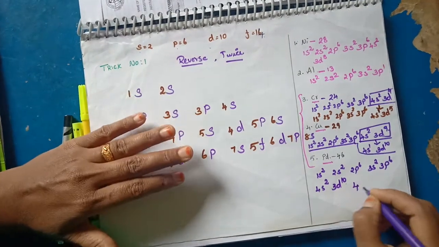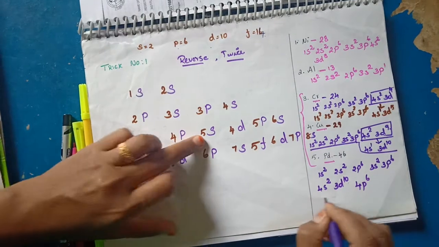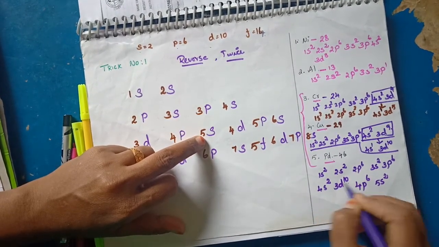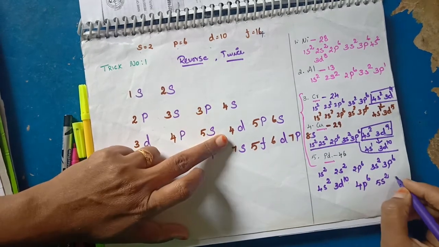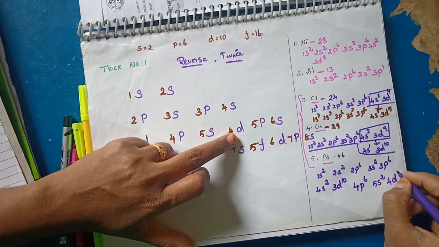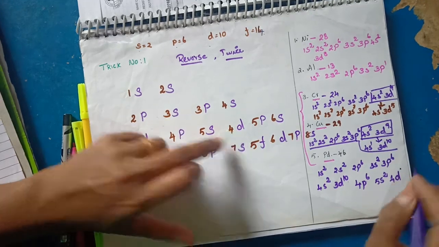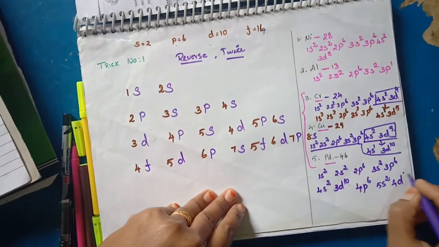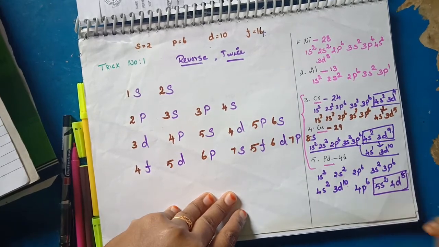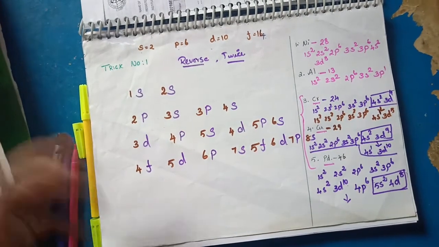Then 4p6, and then 5s2. The remaining, how much is there? 30, 36, only 6 is there. So 5s2, 4d, how much will come? 4d8. But instead of this 5s2, 4d8, how will this electronic configuration change?